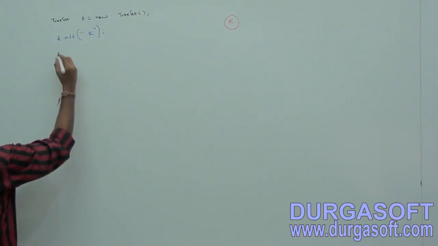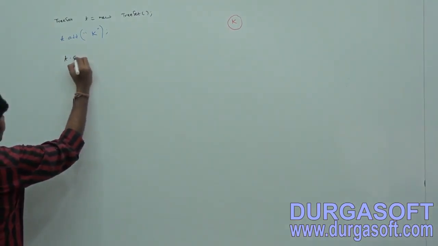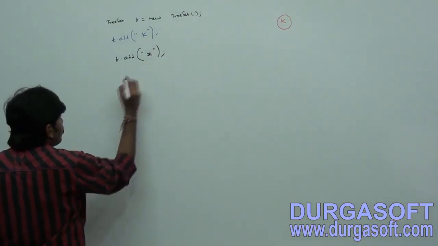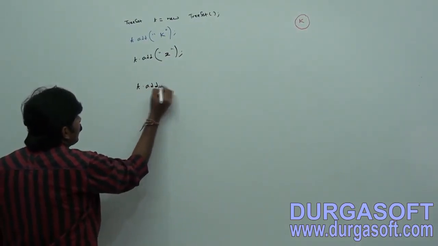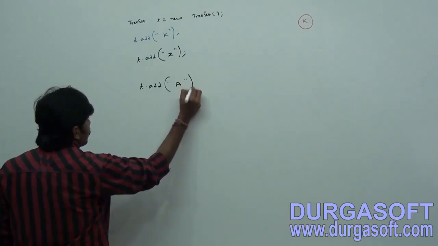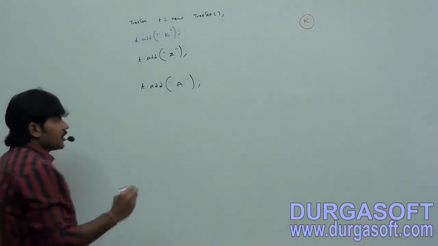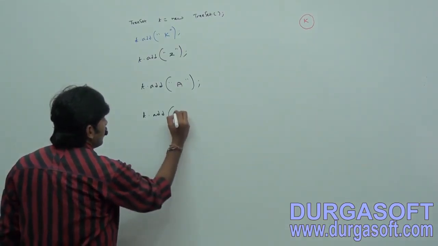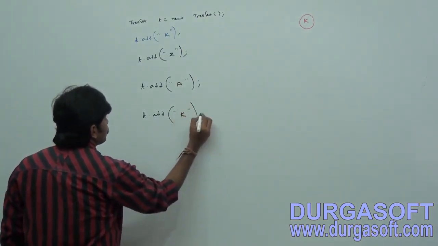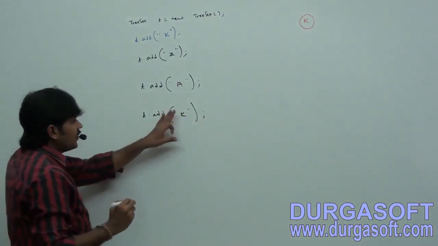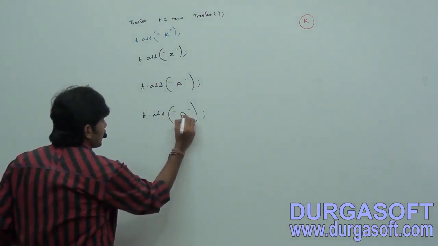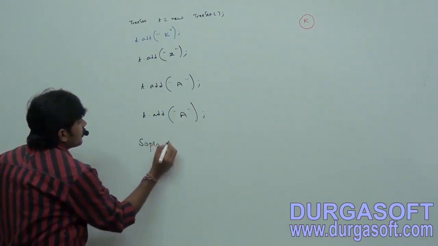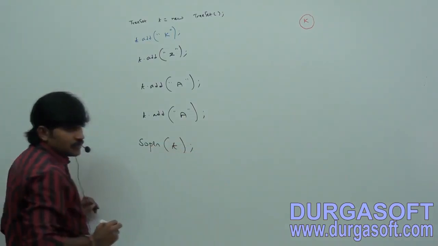Now t.add of Z I'm taking. Next t.add of A, and then t.add of K, or otherwise t.add of A. Are you getting it? And then System.out.println of t. Okay.